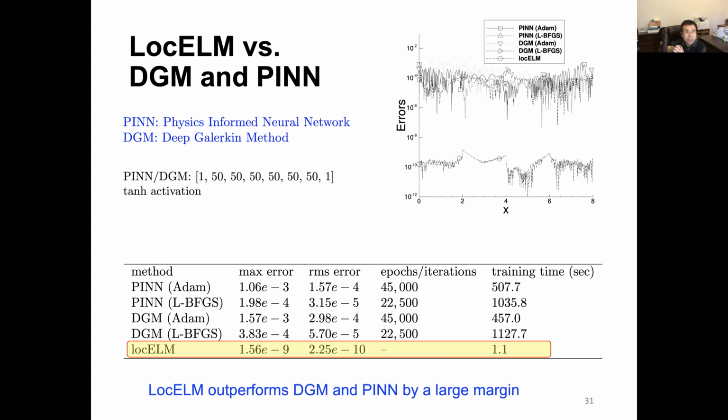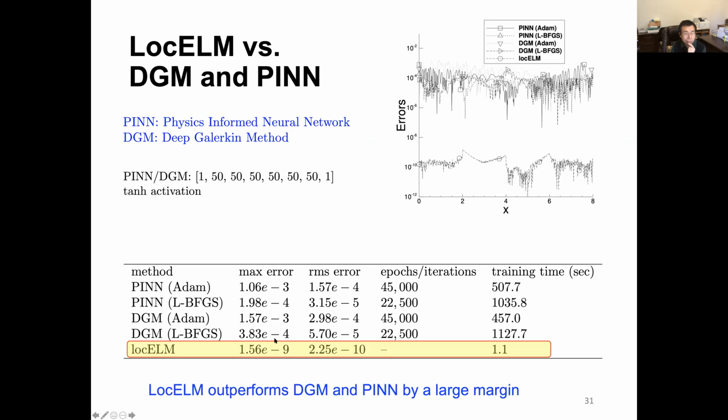This is a comparison between the local ELM and the PINN and the DGM. Here is the error distribution. Basically the DGM and PINN are on the level of around 10 to the negative 4th, and here we can achieve around 10 to the negative 8.